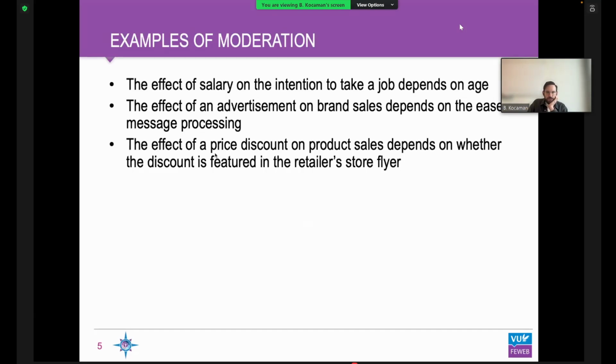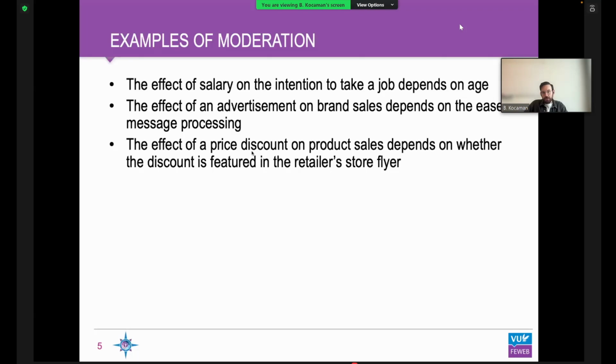And the other one is related to price discount on product sales. This depends on whether the discount is featured in the retailer's store flyer, which is an example we will look at today. Of course, we can expect discounts to affect sales. If there's more discount, probably you might have more sales because people will stockpile as well.